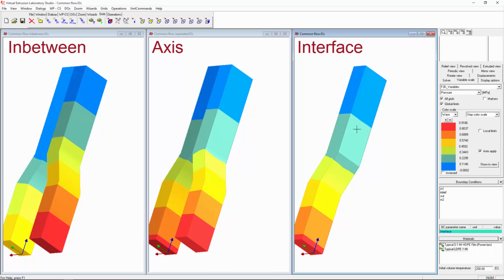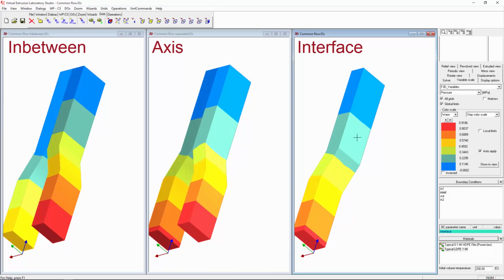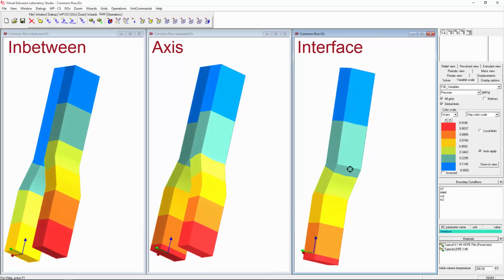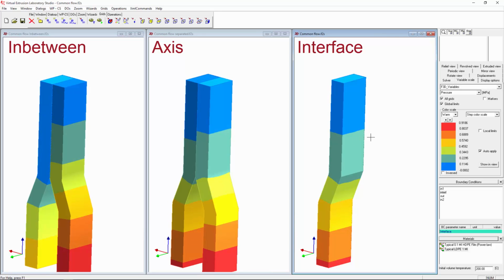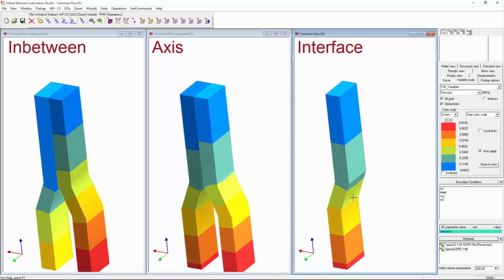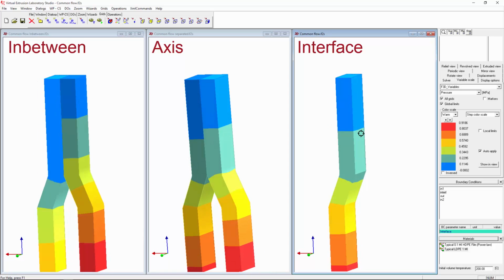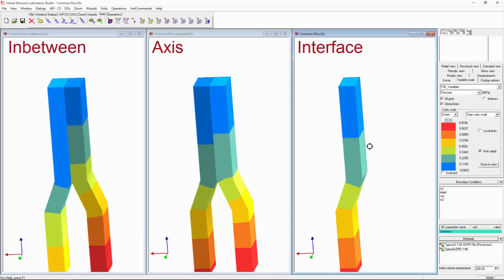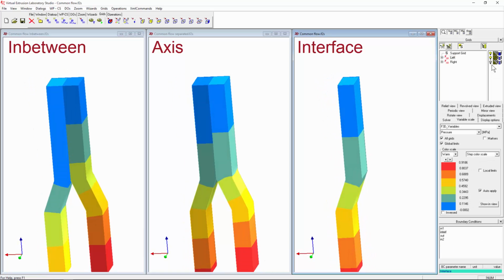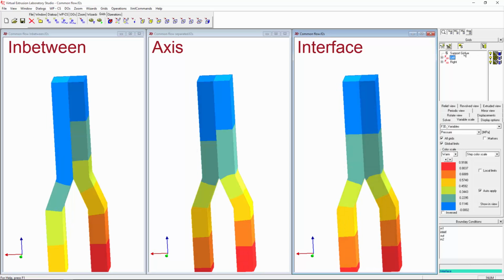Well, that boundary says there can be crossflow. So that allows the polymer to cross from one grid to the other one. Basically, it does it by treating the degrees of freedom for velocity and pressure and temperature as identical for both grids. Now, that means that the polymer can flow across. That's what we would like to see in coextrusion, right?